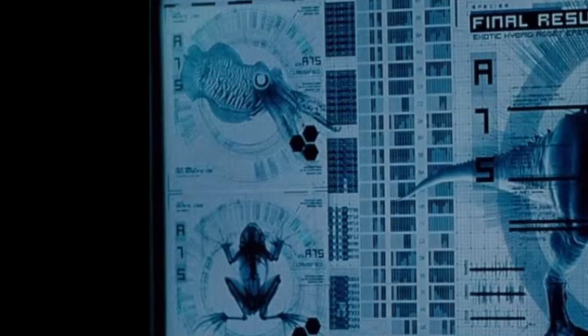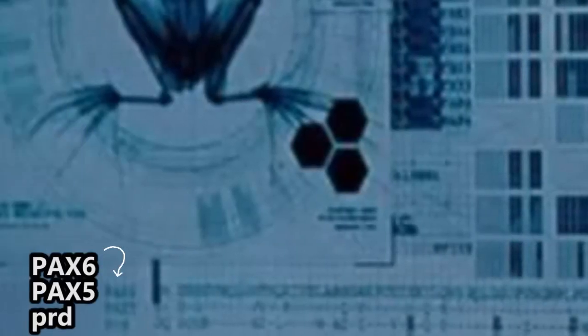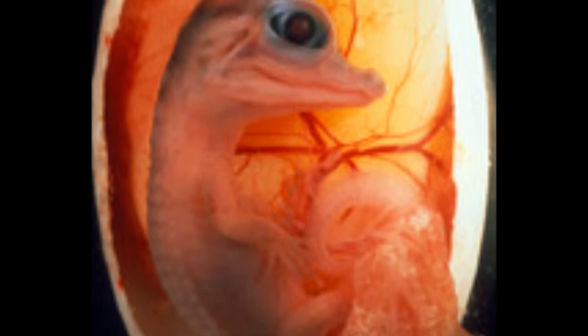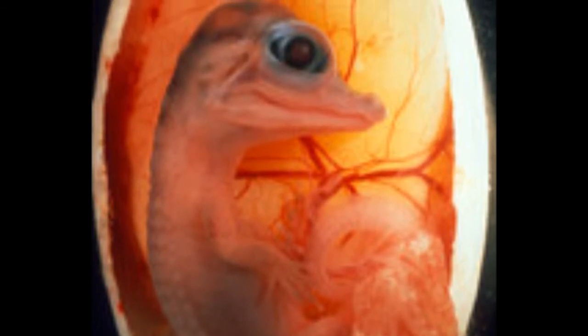Besides, I'm more interested in the sequences at the bottom of the screen. This appears to be another alignment test, but these samples are labeled. If you look here, you can see the names PAX6, PAX5, and PRRD. These are actually the names of several genes that code proteins involved in early development.